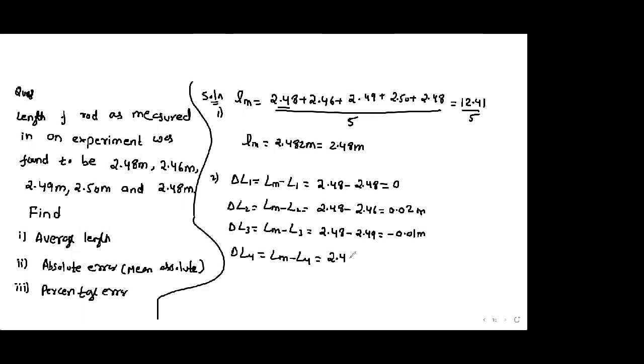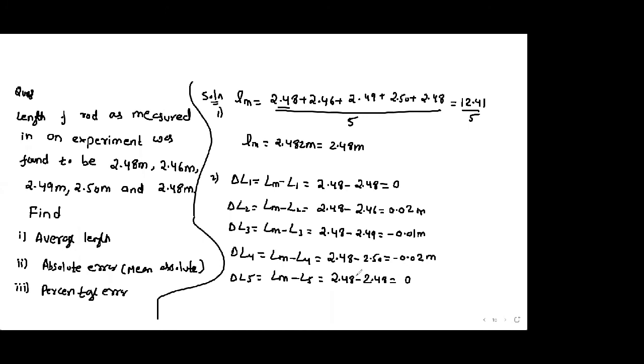The mean value is 2.48, L4 is 2.50, so it is minus 0.02 meter. Delta L5 is LM minus L5. LM is 2.48, L5 is 2.48, so it's again 0. So that is the absolute error.